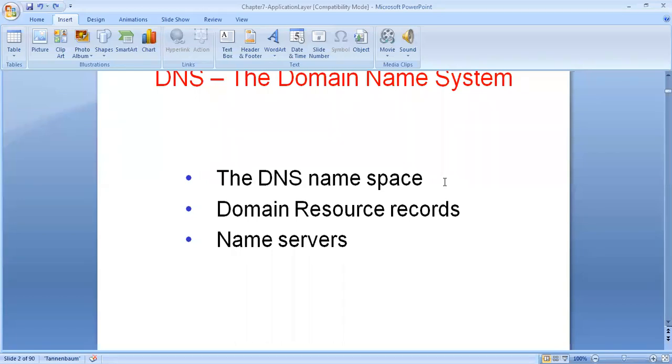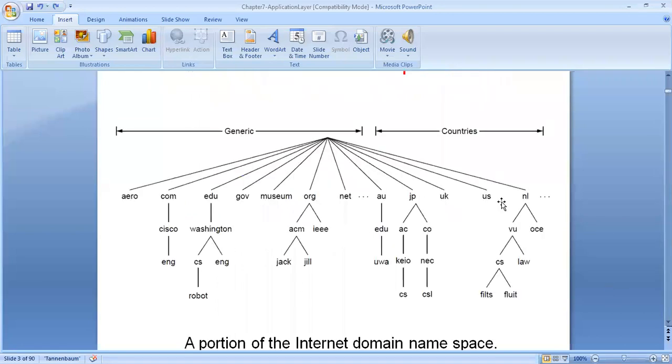So we require a third party or an agency that can convert the domain names into IP addresses. For this, we require the domain name system, and for this we use domain resource records and name servers. So let us understand this basic architecture, how it is there.